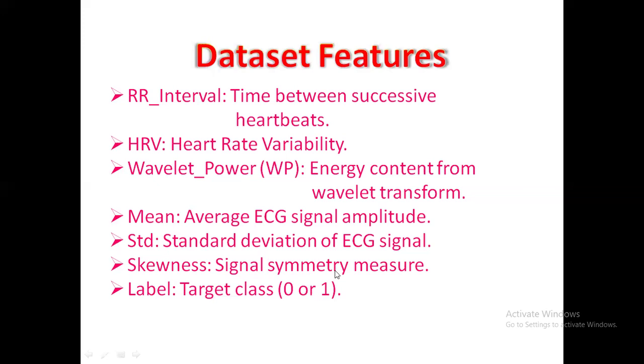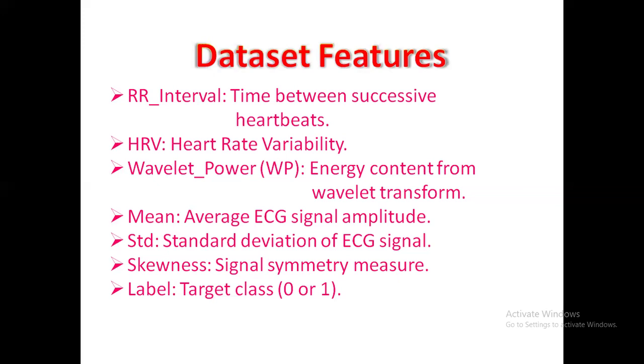Fifth one is the standard deviation. The standard deviation of the ECG signal measures how much the ECG signal varies from its mean. A higher standard deviation indicates a more fluctuating or erratic signal, which could be a sign of irregular heart rhythms or noise.